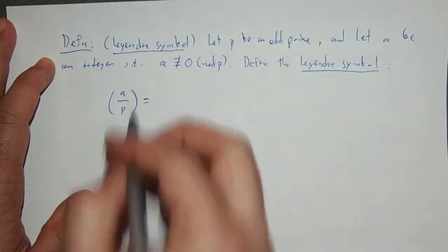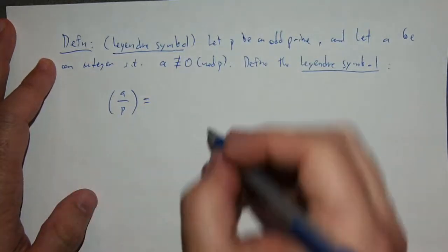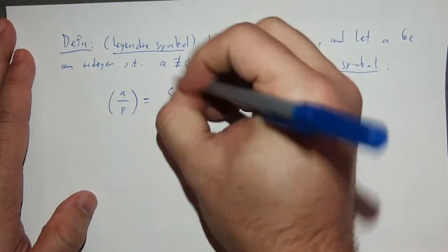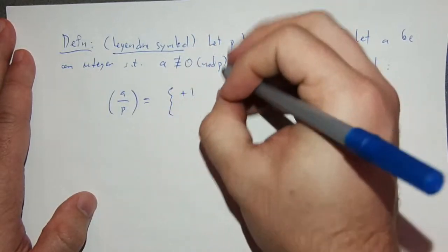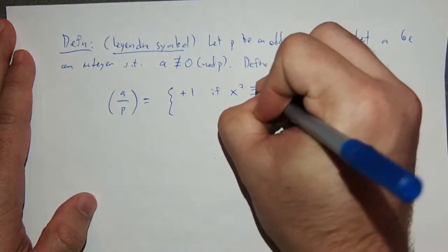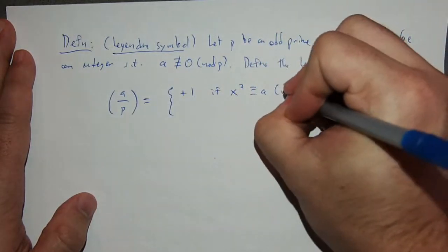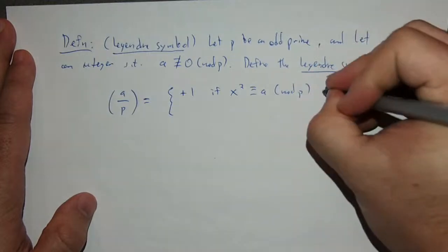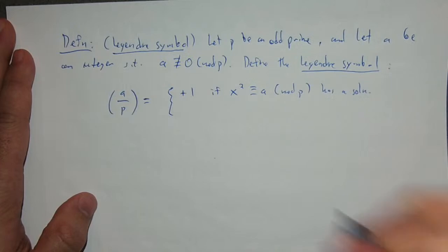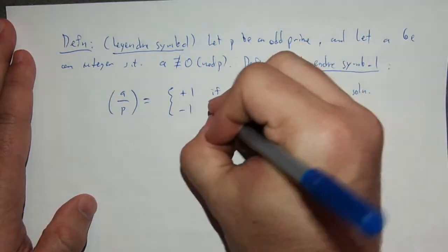So this symbol a on p is defined to be plus 1 if x squared is congruent to a mod p has a solution, and minus 1 if it doesn't.